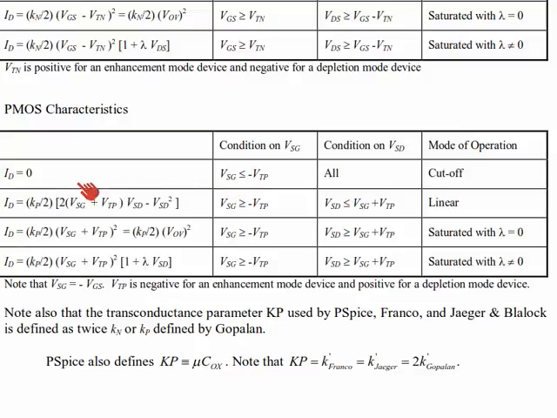So for a PMOS transistor in cutoff, we have V source to gate smaller than minus VTP. A PMOS transistor would have a negative threshold voltage, so minus VTP would be a positive number. By the way, when I say negative threshold voltage, that's for an enhancement mode PMOS transistor.